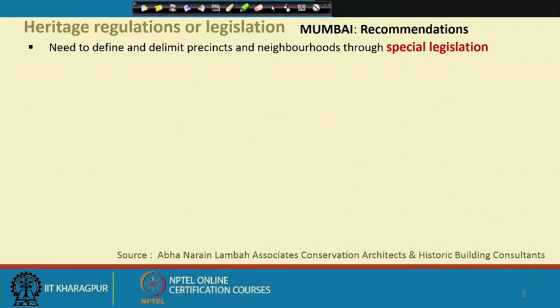Based on the issues we have seen in Mumbai, there are categories, legislation and grading, but in spite of that certain problems are arising. Incentives are there, but still some structures have been delisted and precincts are not able to be preserved as was envisioned.